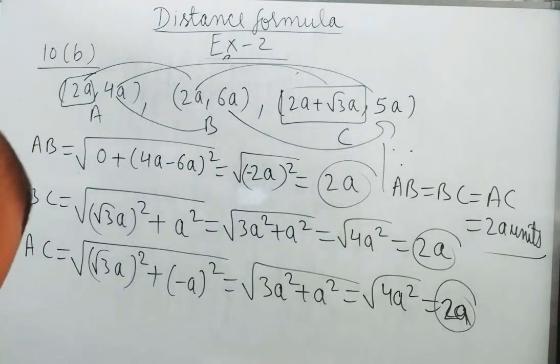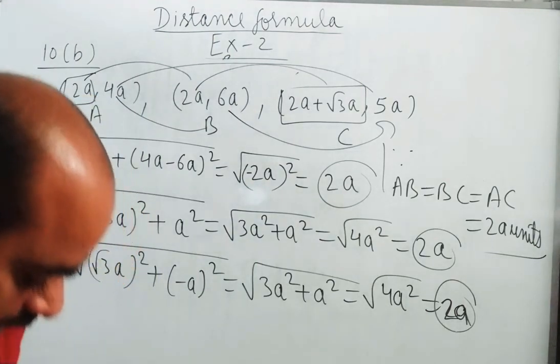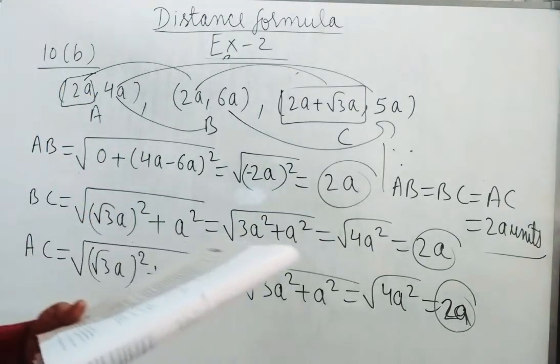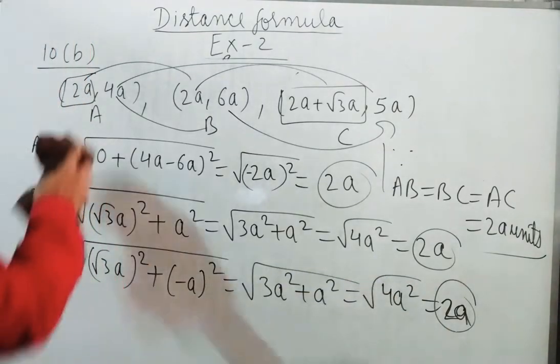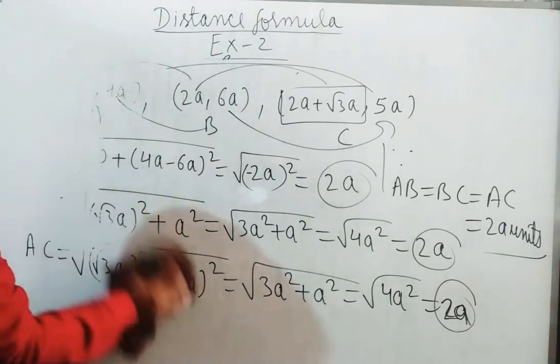Next, question number 11, B part, we have to prove that the points are the vertices of an isosceles right angle triangle.